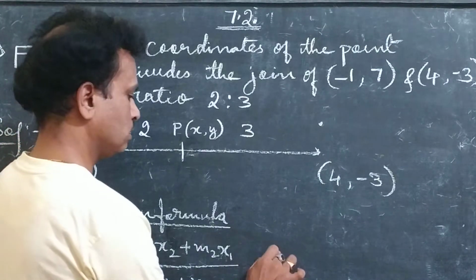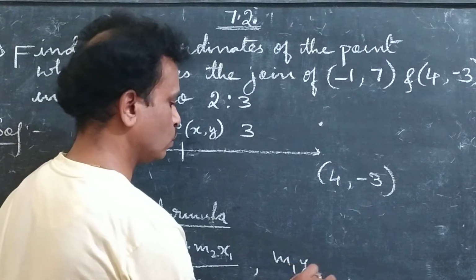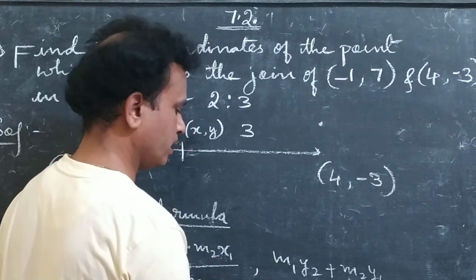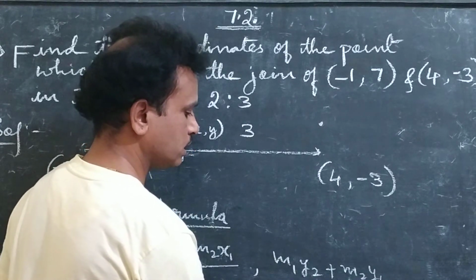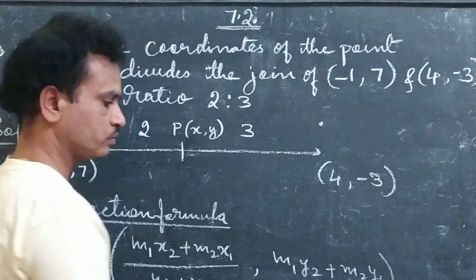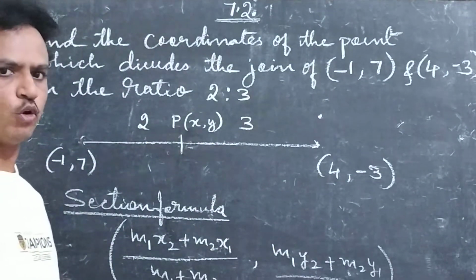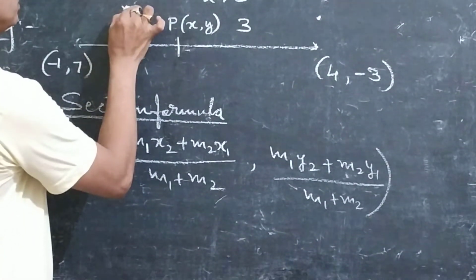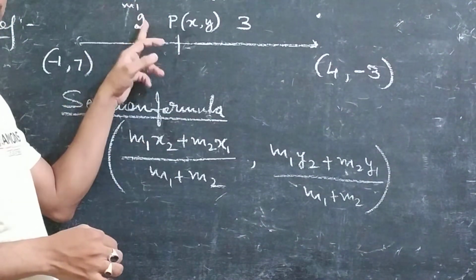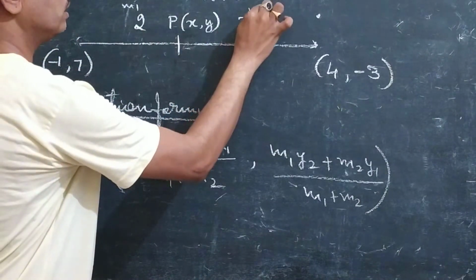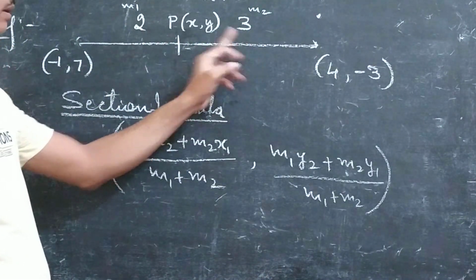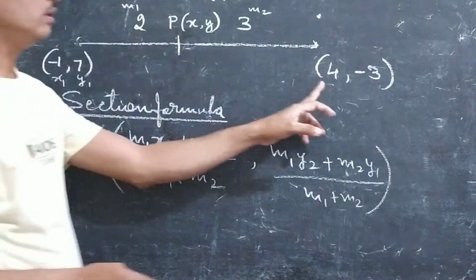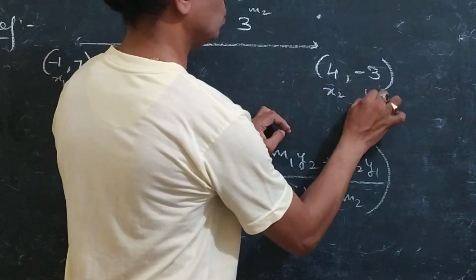Next, y = (m1 into y2 plus m2 into y1) divided by (m1 plus m2). This is the section formula. So here, m1 we should take as 2, and m2 we should take as 3. Then this side is x1, y1, and this one is x2, y2.